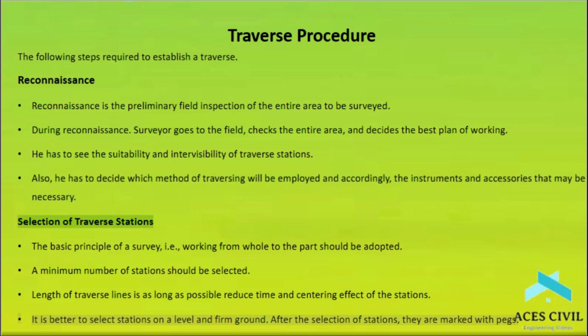Selection of traverse stations. The basic principle of a survey, i.e., working from whole to the part, should be adopted. A minimum number of stations should be selected. Length of traverse lines should be as long as possible. Reduce time and centering effect of the stations.